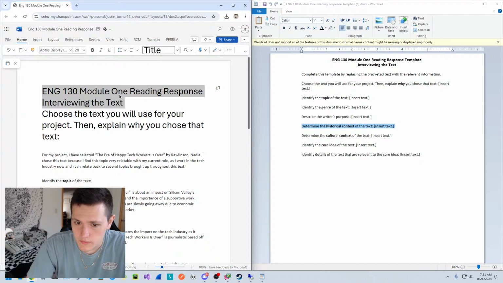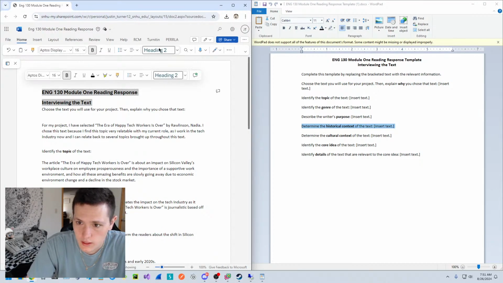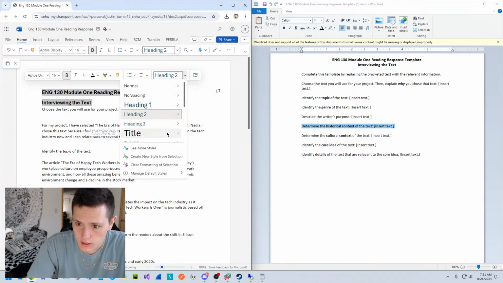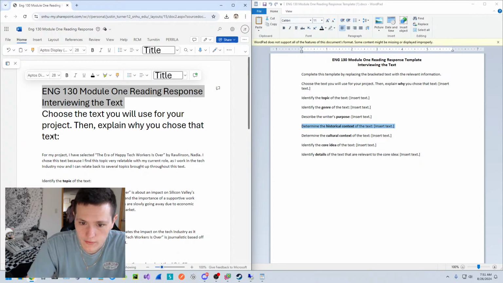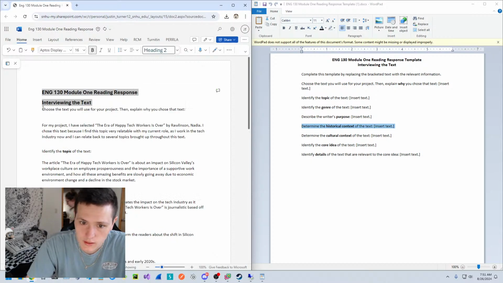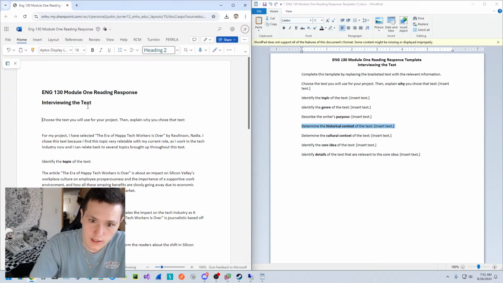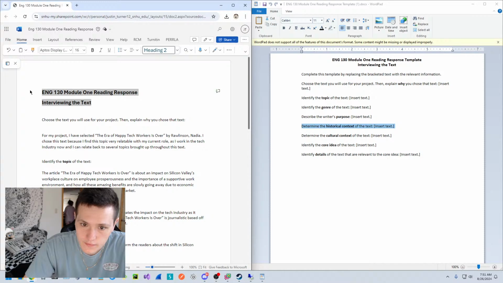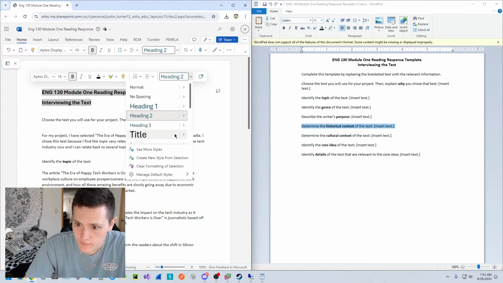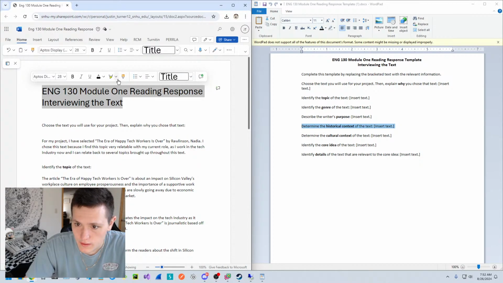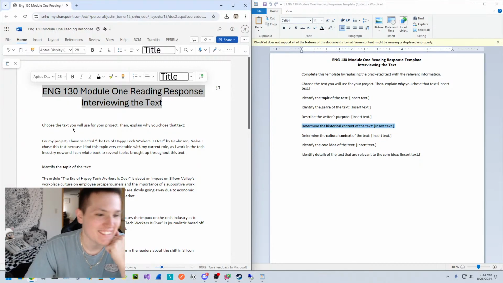Maybe this needs to be a... Alright, that's not what I wanted. And it's crazy because I'm not even highlighting this. I guess because it's run on with it. That's why it's doing it. It's like the next line, so I need to enter and then do it. Yeah. That's what it was. That's crazy.